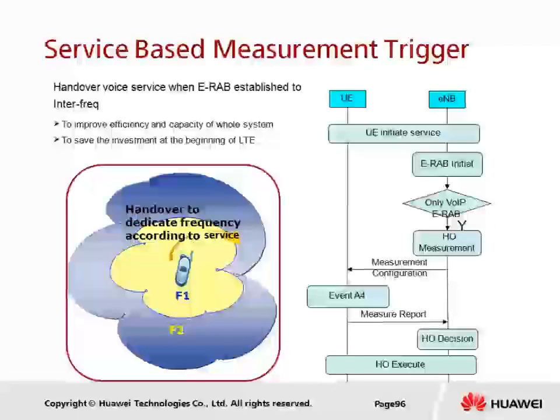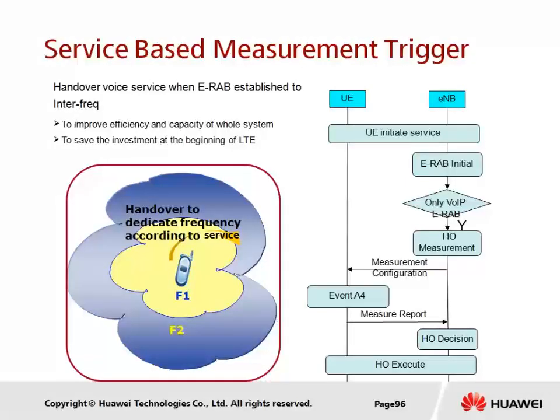So we have finished the coverage-based handover, which is triggered by event A2, and the user measures the signal of the neighbor, and the report could be in the format of A3, A4 or A5.